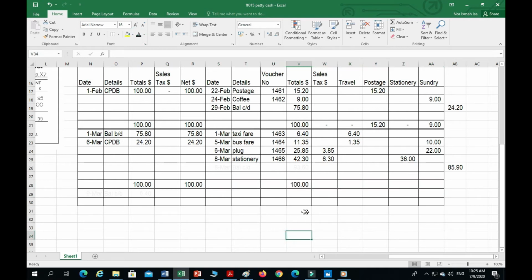Is 100. So the balance, write down, this is 31st March. Balance. So this is not the correct balance.